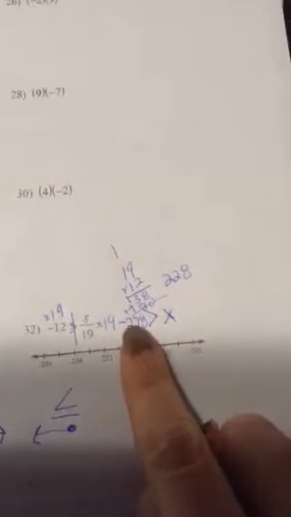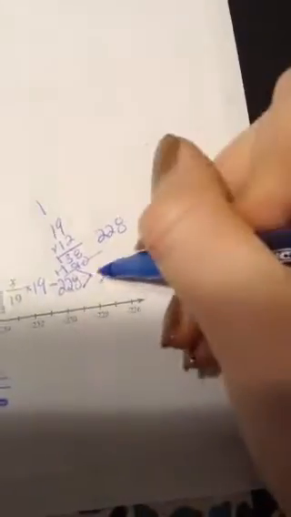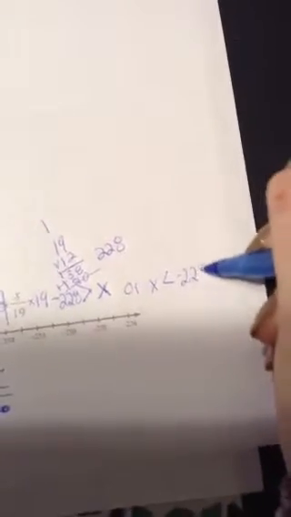It would be -228. So this means -228 is greater than x, or x is less than -228.